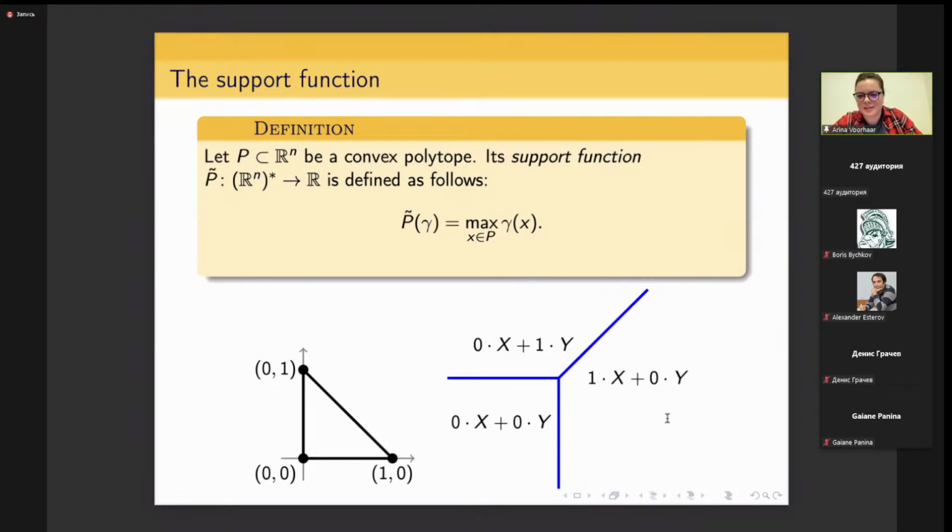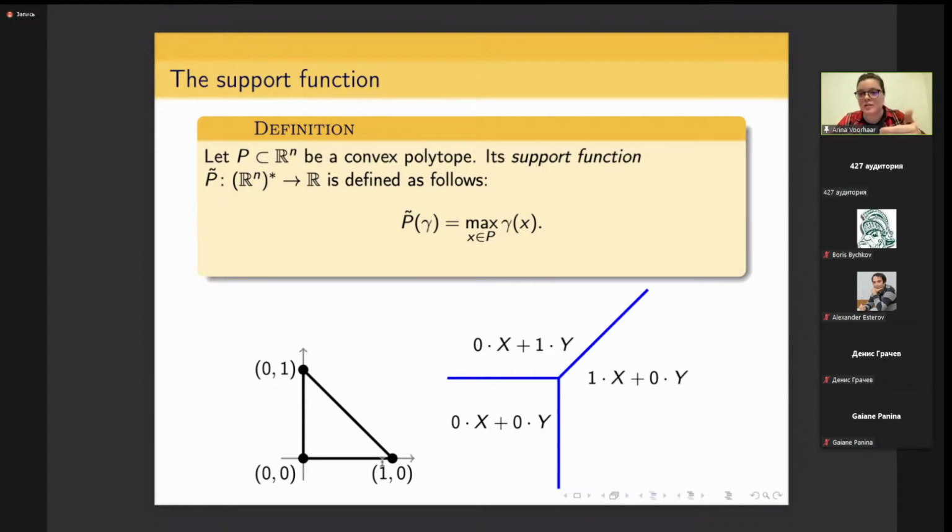I hope one can see the mouse. That means the first coordinate is bigger than the second, and... sorry, no, the first one is not non-negative. That covector would attain the maximal value at the vertex (1, 0).